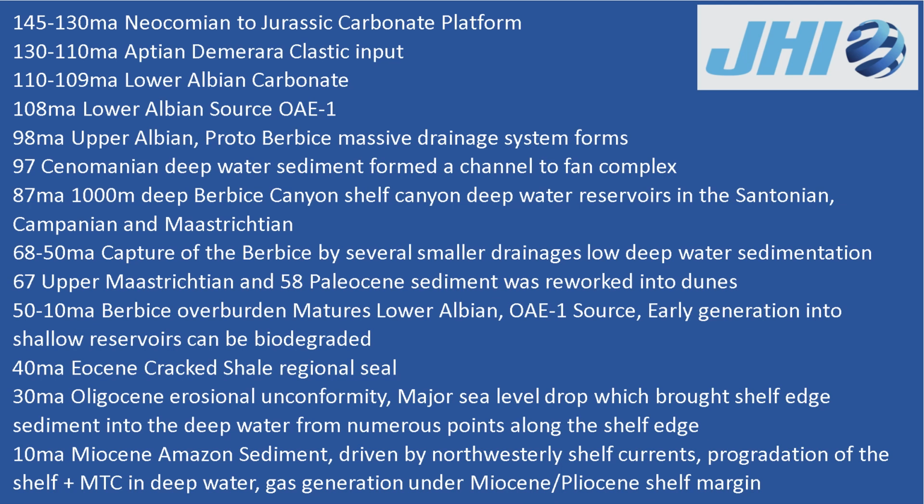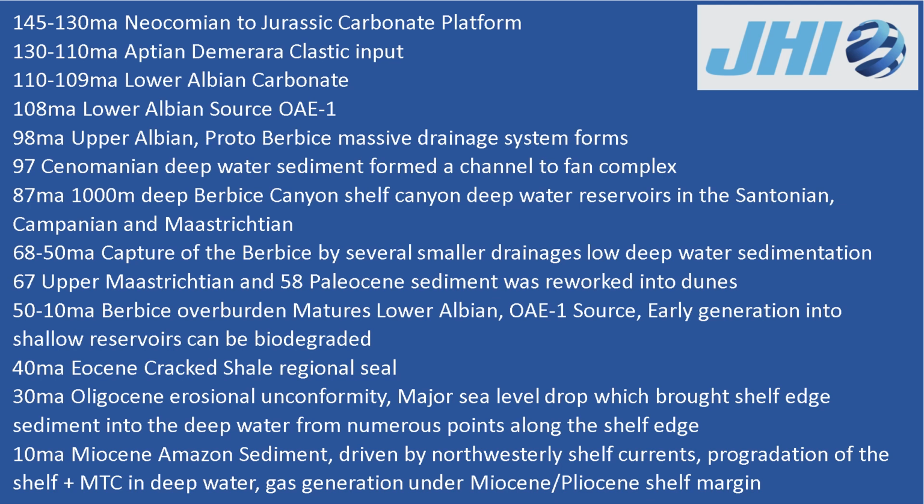This is a major drop in the sea level, which basically has a whole series of canyons cut in the shelf edge and provides a whole number of points for sediment entering the basin. And then finally, at 10 million years, the mouth of the Amazon is north of the equator.